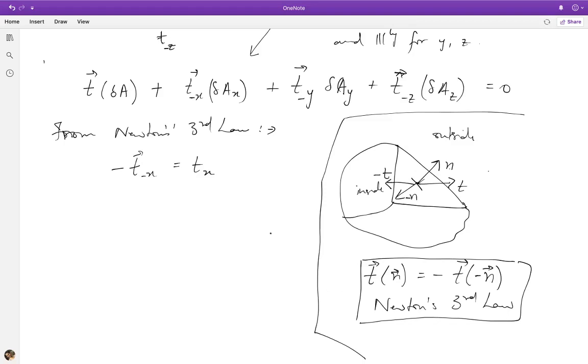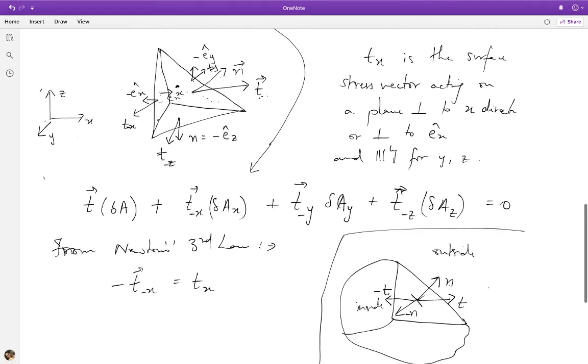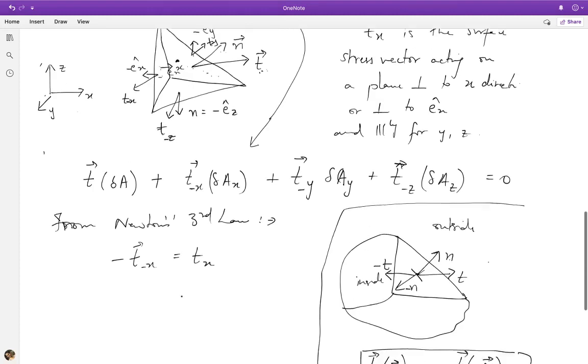Okay, so from this we see that T, the stress vector acting on this plane pointing in the minus Ex direction, where the normal is minus Ex, is what I mean by T of minus x. So the negative of that would give us the stress acting on the surface whose normal is Ex.